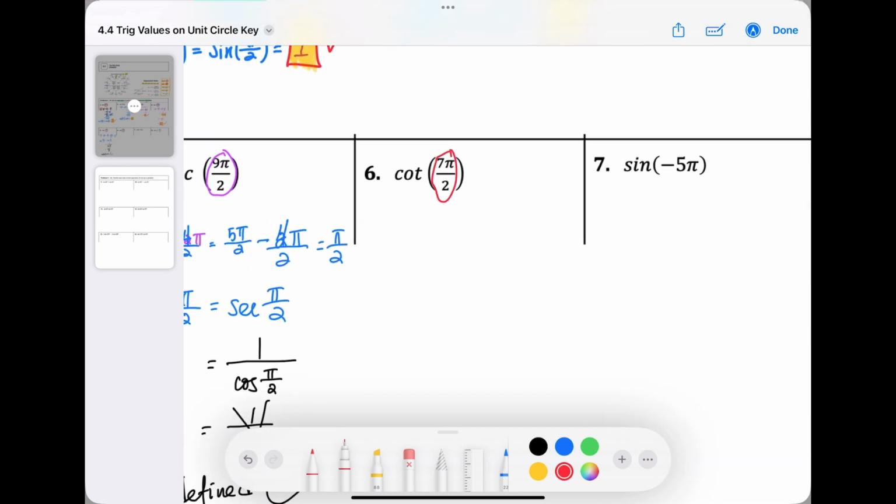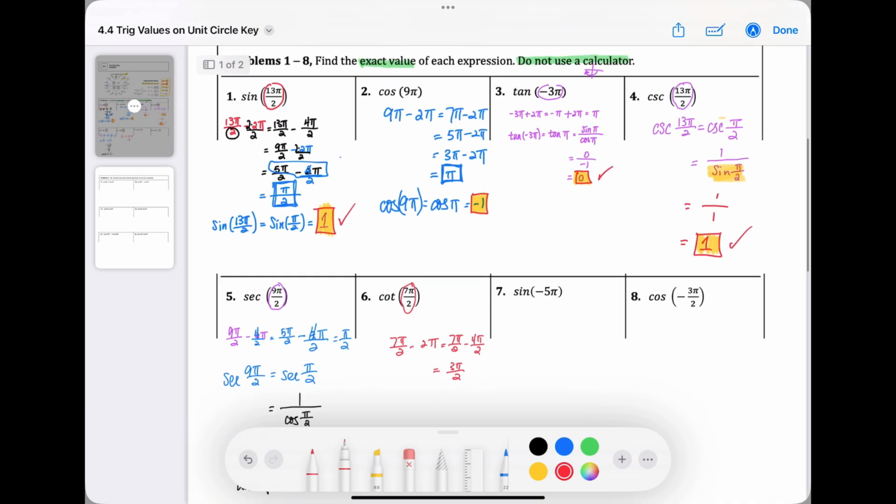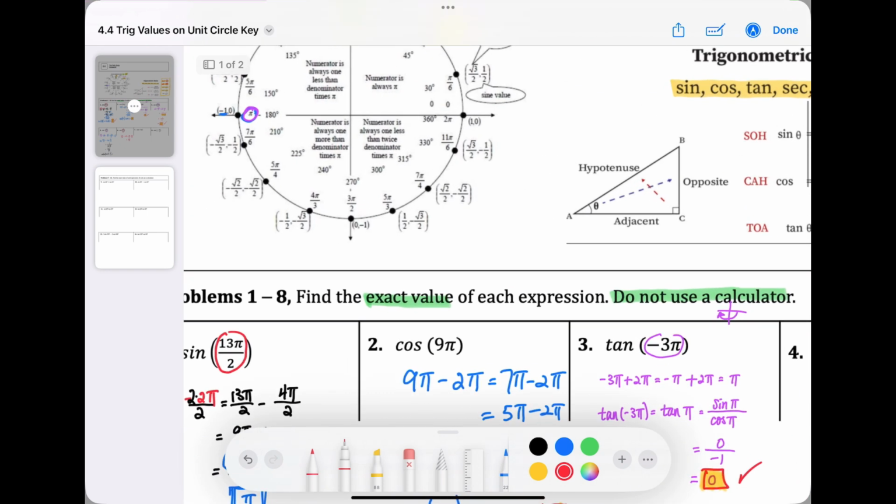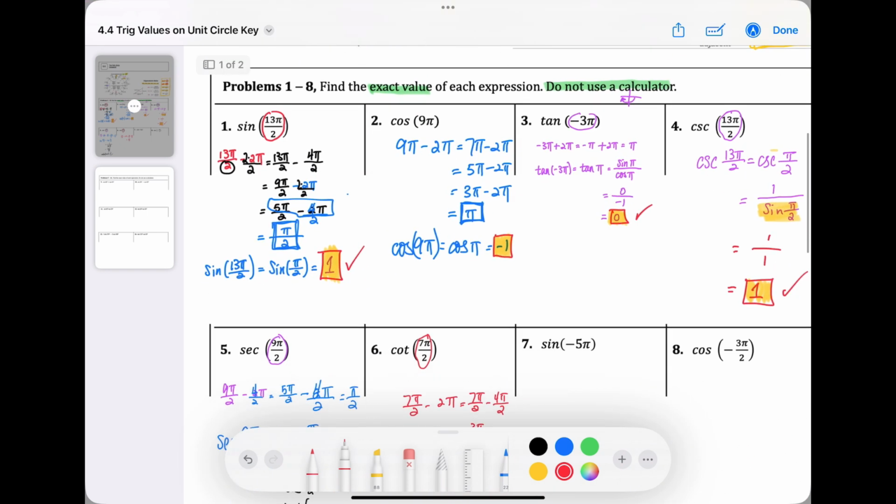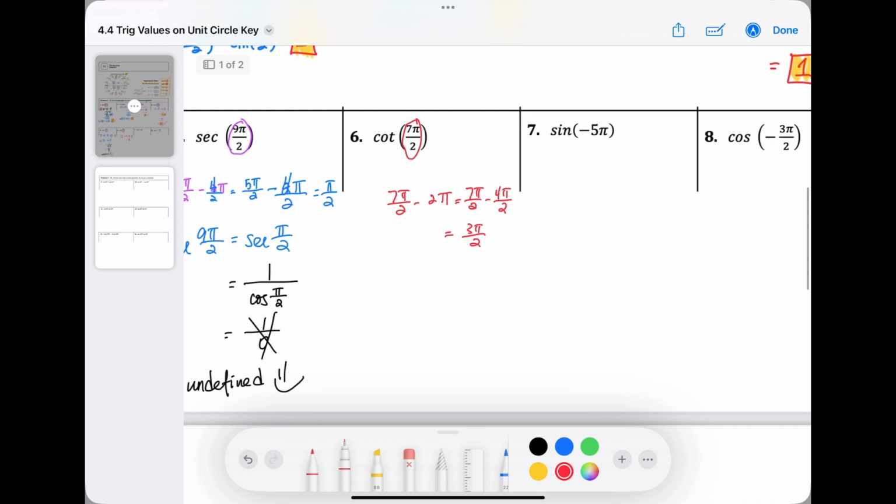Moving on. 7 pi over 2. So repeat: I'm going to minus 2 pi, so that will be 7 pi over 2 minus 4 pi over 2, which will be 3 pi over 2. Wow! Do we have 3 pi over 2 on the unit circle? Yes, 3 pi over 2 is right here.